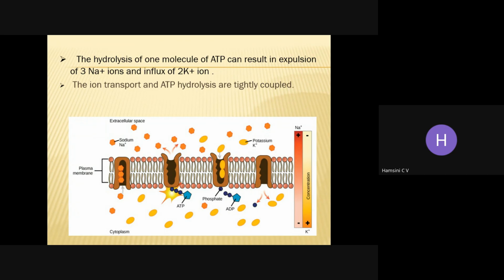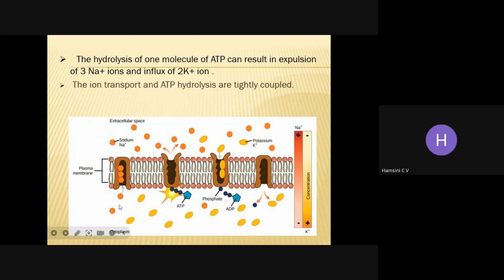But previously you saw that molecules were moving from higher concentration to lower concentration, and there it didn't require any energy. But here it is moving from lower concentration to higher concentration. Since it moves from lower to higher concentration, it requires some kind of force which pulls or drags it.